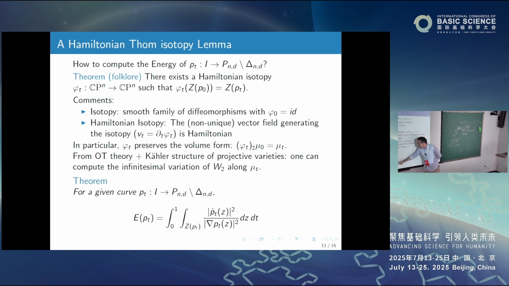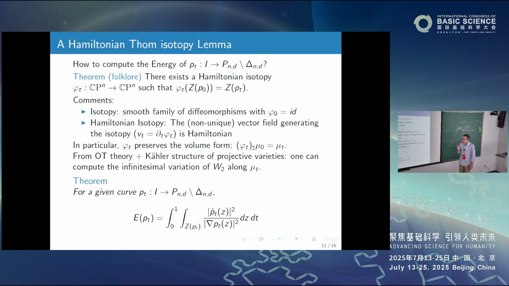You are integrating over the zero set of the polynomial at time t, and you are integrating 1 over the gradient of pt squared, and at the numerator you have the time derivative of the coefficients of the polynomial. This pt you always have to think of as a function defined here. The conceptual part is that the set Z of pt is not really explicit, but is just defined in terms of the coefficients defining the polynomial.